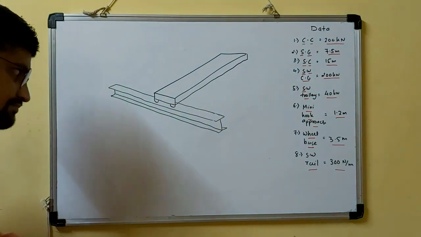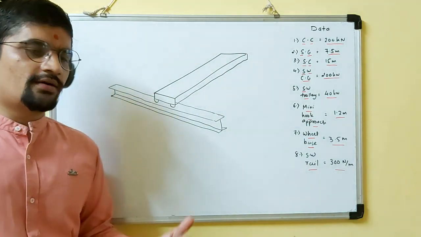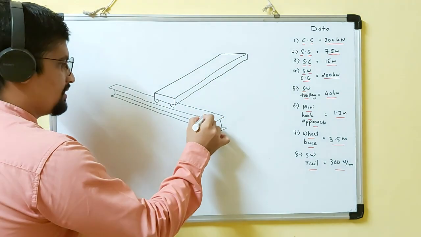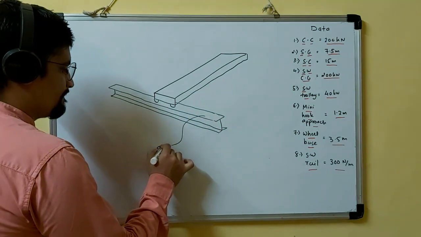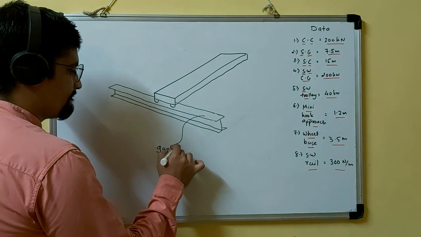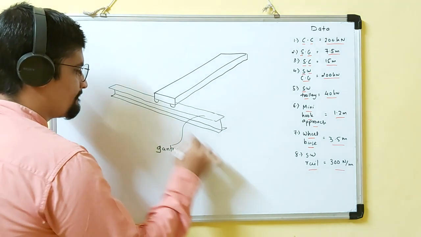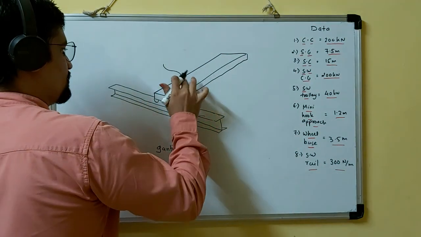Okay. This is one side. I am showing an I section, known as the gantry girder. This is the crane girder weight.